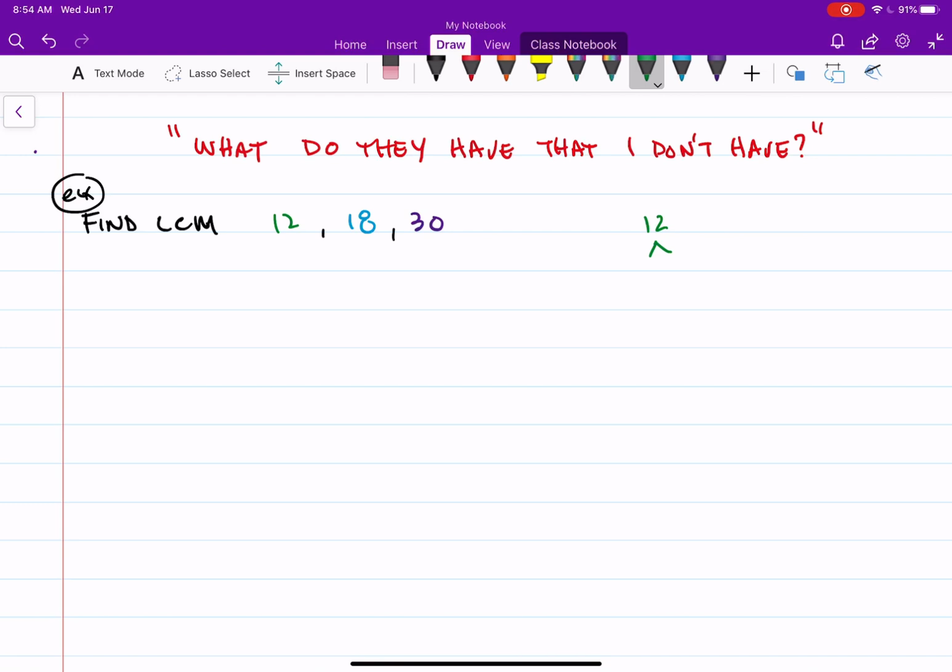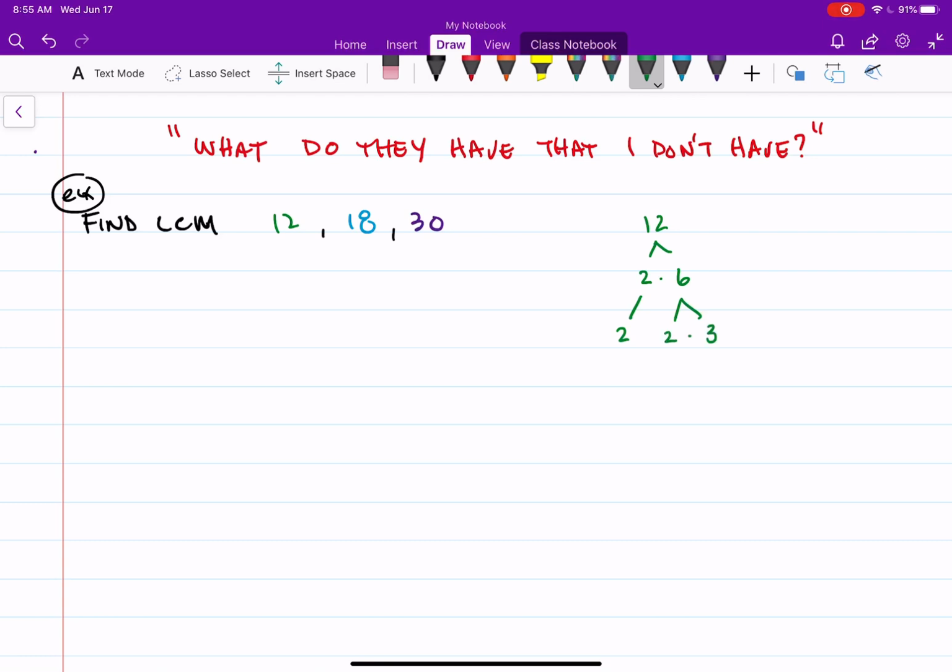So 12, we talked about this before. 12 would be 2 times 6. The 2 is already a prime number, so I can just bring it down. However, the 6 is not prime, so I can split that apart to be 2 times 3.